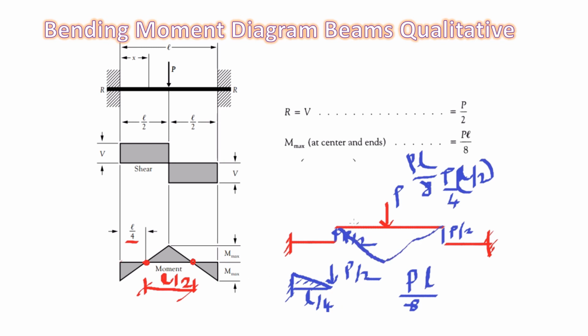So overall, in the bending moment diagram on the tension side, between the simply supported portion it is PL by 8, and on the fixed cantilever sides it is PL by 8 here also. So this is how we can see this.